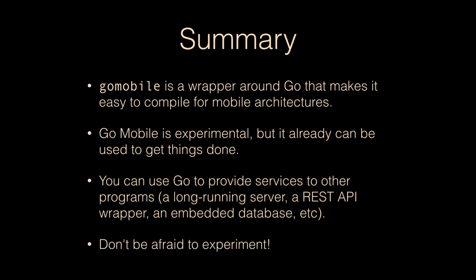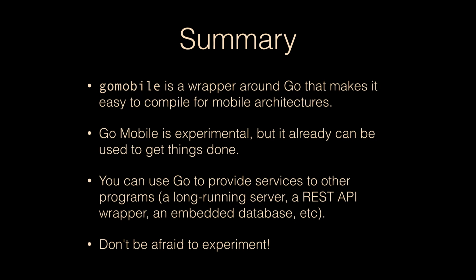In summary, Go Mobile is a wrapper around Go that makes it pretty easy to compile for mobile architectures and to create packages that work on mobile architectures. And Go Mobile is experimental, but it already can be used to get things done. You can use Go, for instance, to provide services, long-running servers, or maybe a wrapper around a REST API in Go that you can use from Java, perhaps.